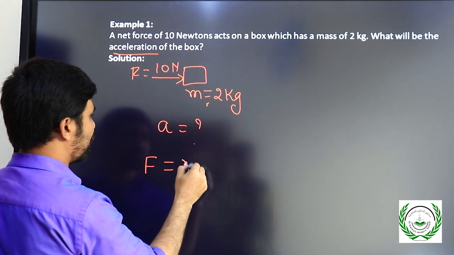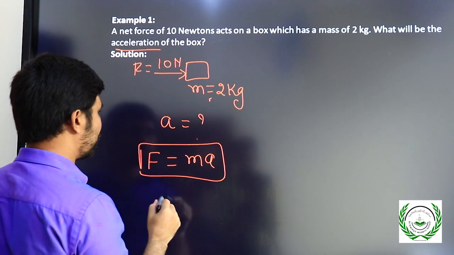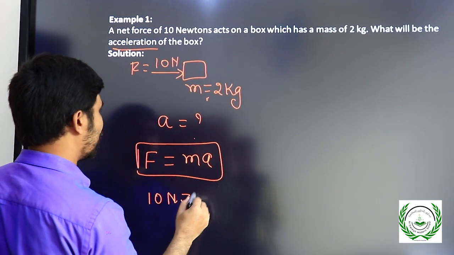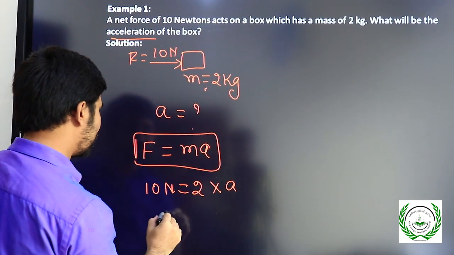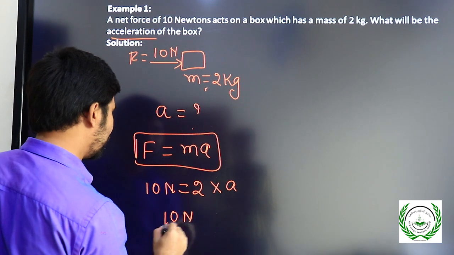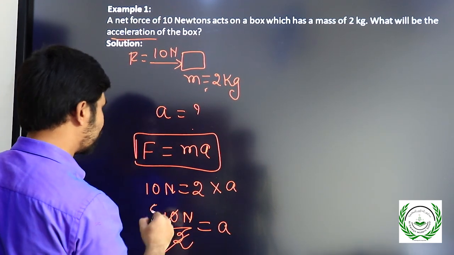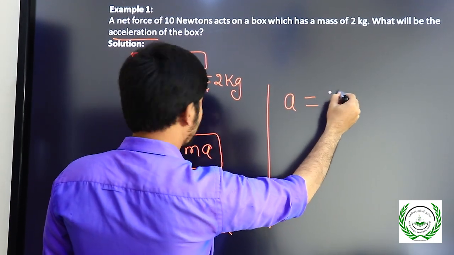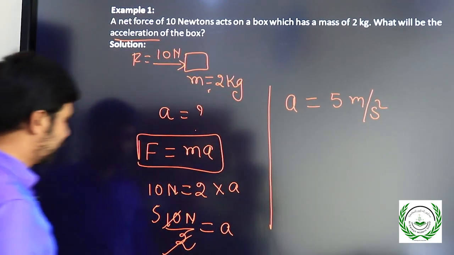F is 10 newtons, mass is 2, times a. So a equals 10 newtons divided by 2, which is 5. So we got an acceleration of 5 meters per second squared. Fine.